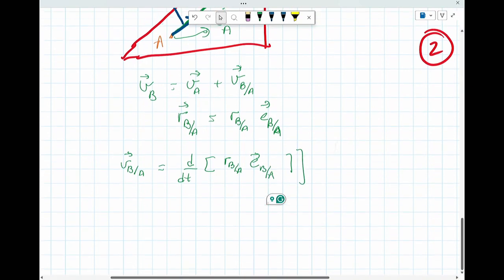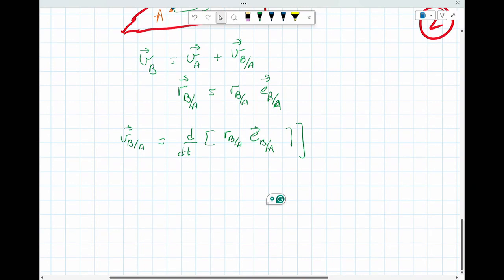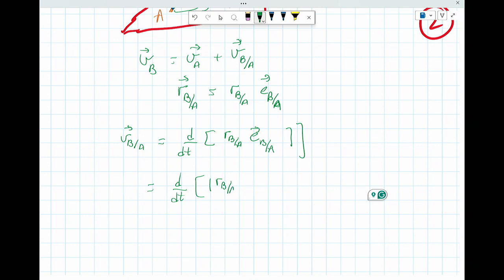And of course you can break it down a little bit further and say that is equal to d/dt of the magnitude of r_B/A times e_B/A, plus the magnitude of r_B/A times e_B/A dotted.